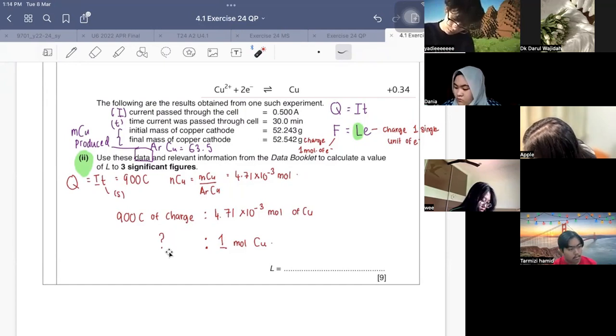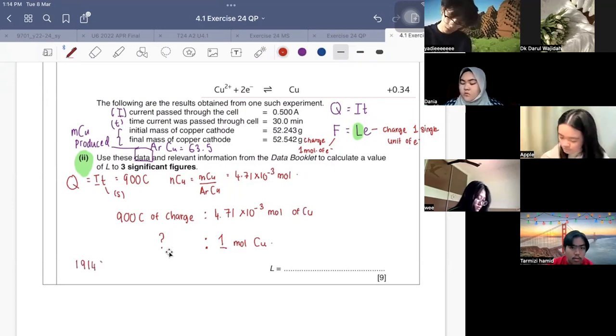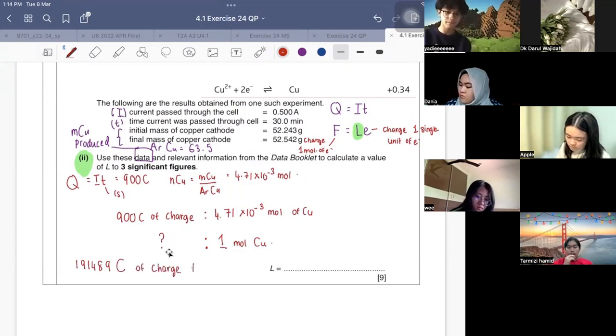I got 191,489 coulombs of charge to produce 1 mole of copper.